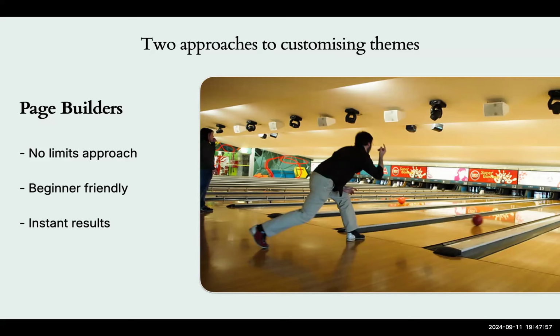With Elementor, when you log into WordPress and you're editing content, you literally just drag and drop, and it looks very visual. The limitless approach means that it's very flexible. You could do anything you want in it. It's beginner friendly because it's pretty self-explanatory and intuitive, and it gives you instant results. Like I said, everything you saw on the back, you can see on the front.